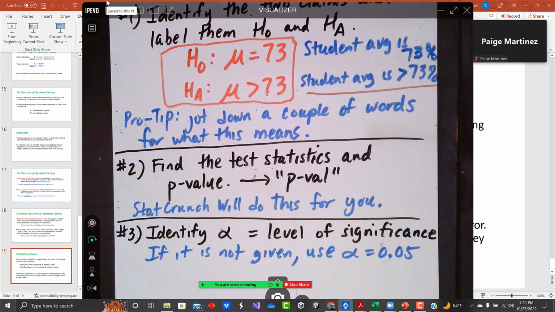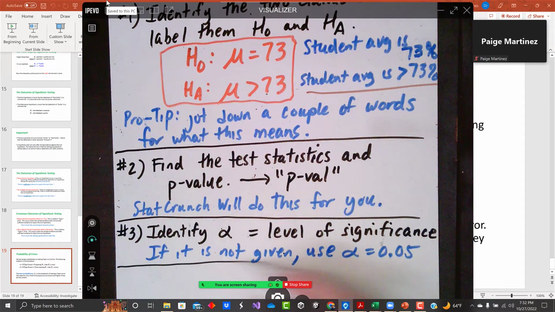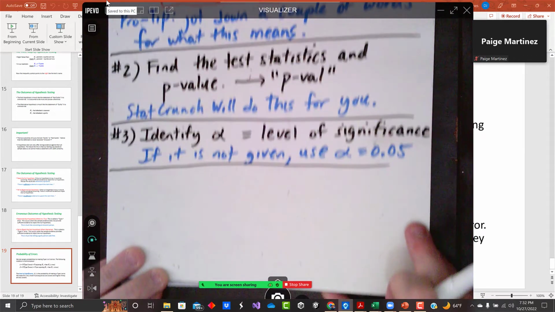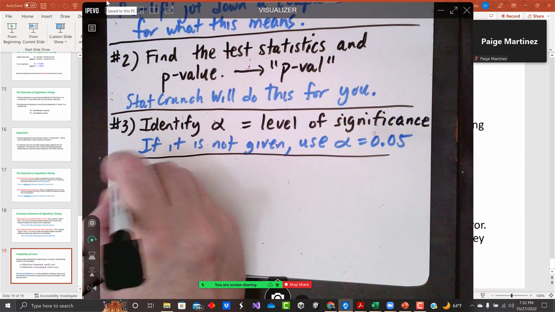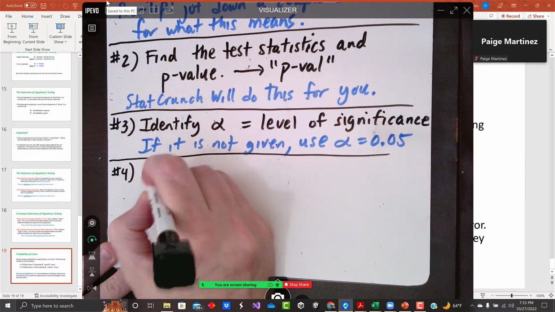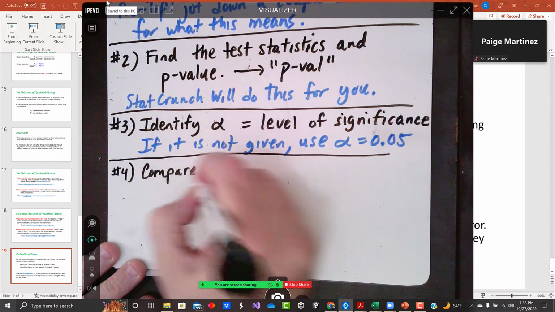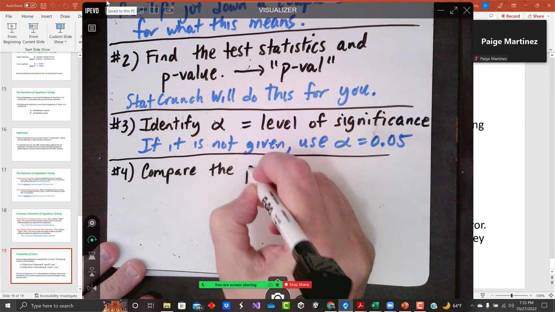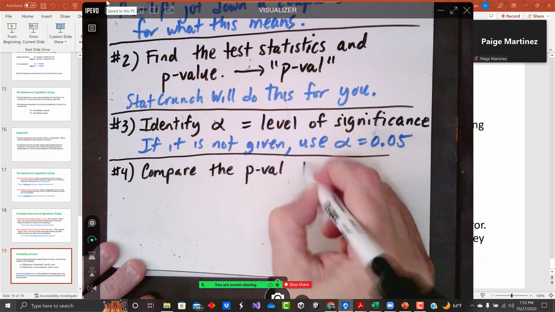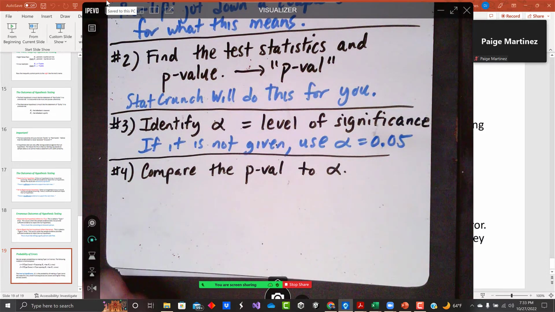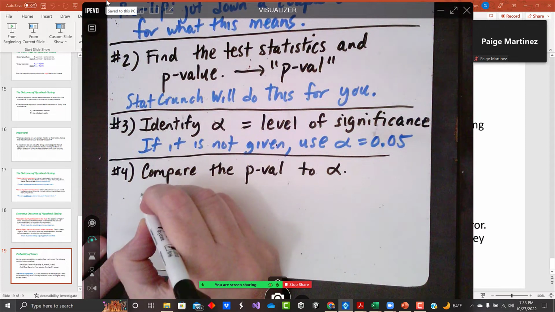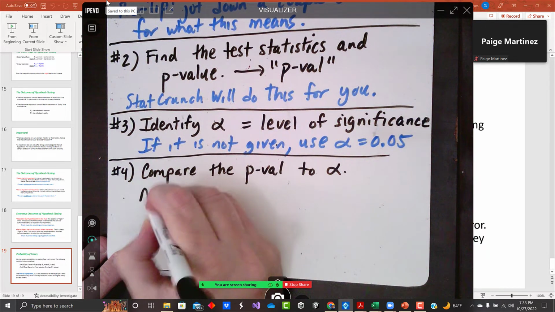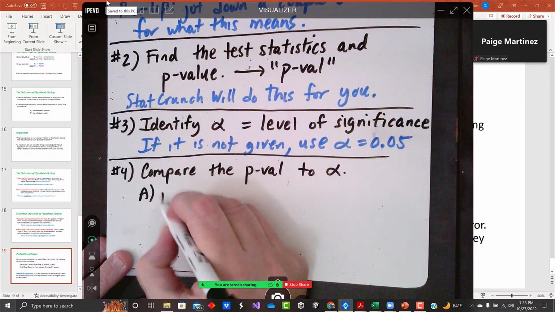Number 4, compare the p-val to alpha. There are 2 possible outcomes here. A, the p-value is less than alpha.